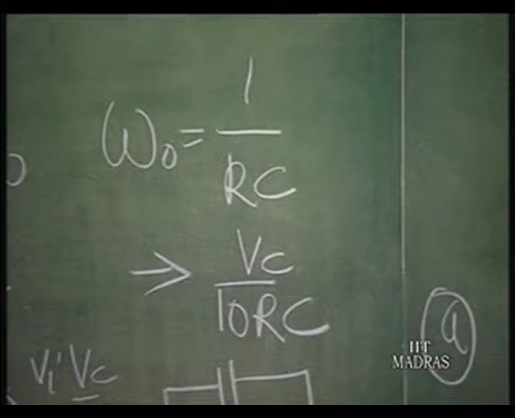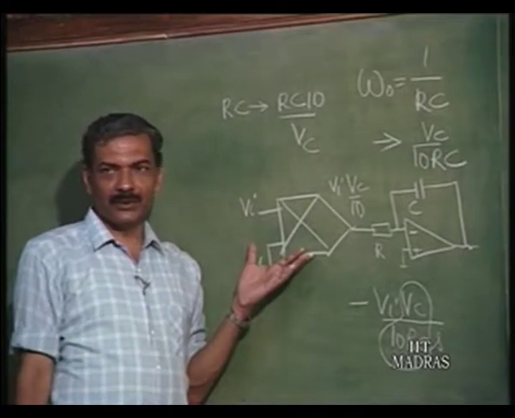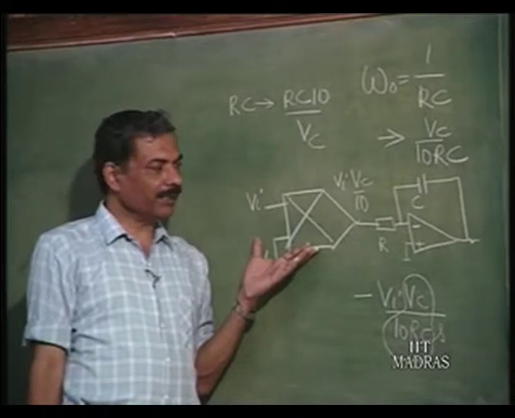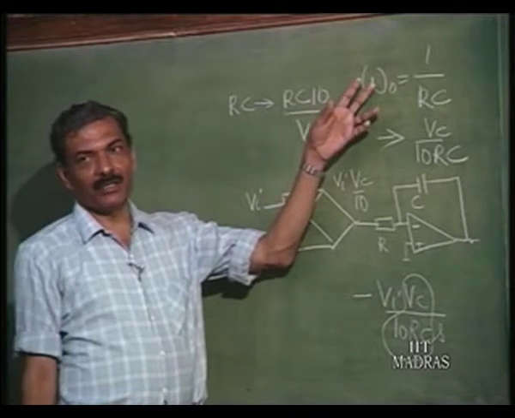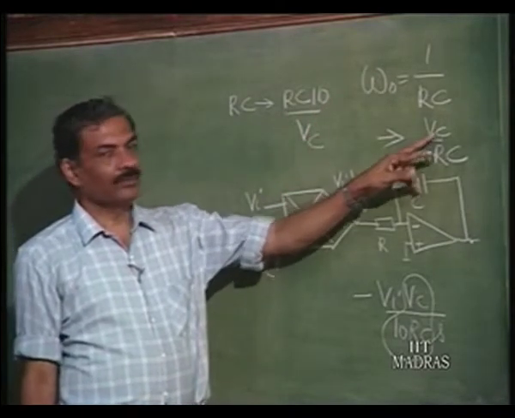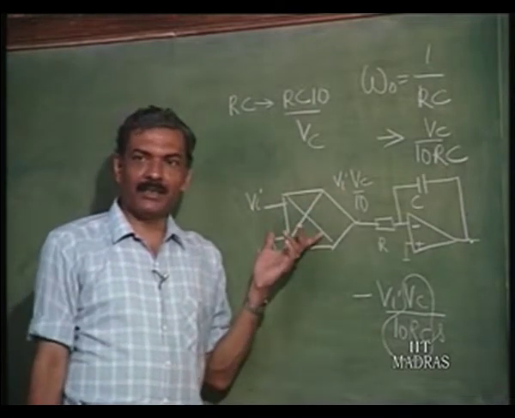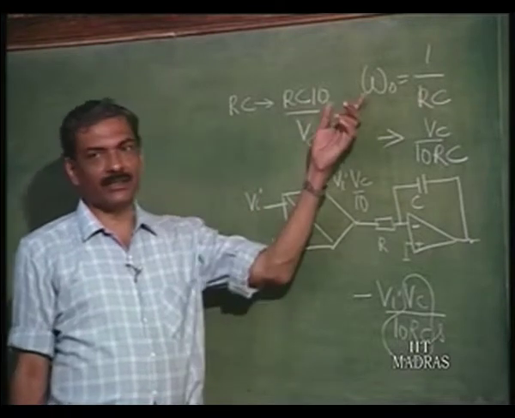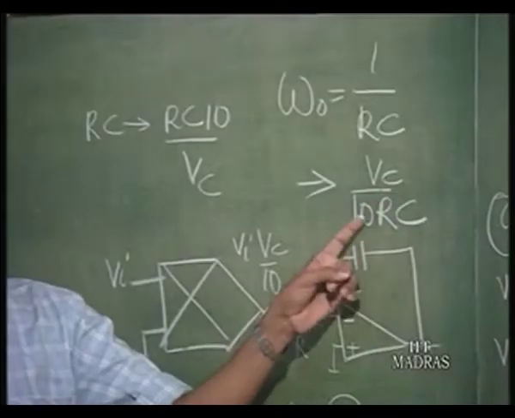We had earlier discussed the KHN filter or universal active filter, which uses two integrators. Let us say both integrators are replaced by such modified integrators. Then the omega naught or the pole frequency is going to change to Vc by 10 RC. If you design a double integrator or quadrature oscillator, the frequency of oscillation or natural frequency of the system, which is also 1 over RC, is going to be replaced by Vc by 10 RC.